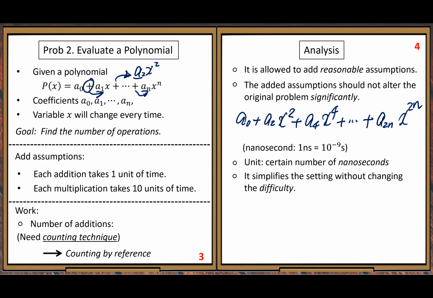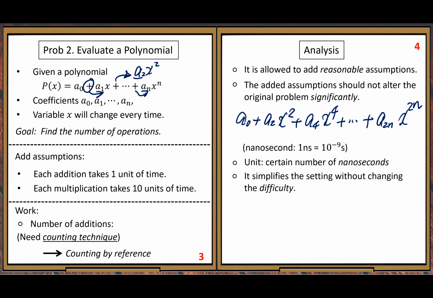So that's the technique of counting by reference. Here, let's associate a plus sign with 2, a plus sign with 4, 2 times some number. The last plus sign, 2n, 2 times n. Now you count the number of plus signs the same as counting the number of subscripts, 2, 4 through 2n. That's also n.